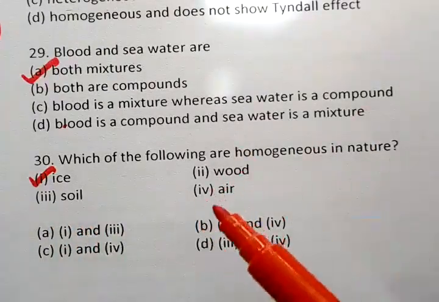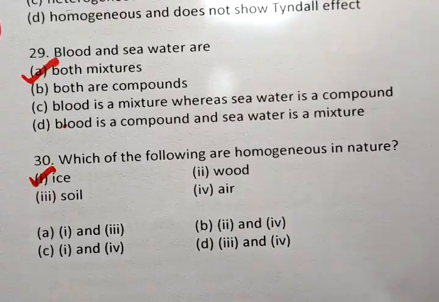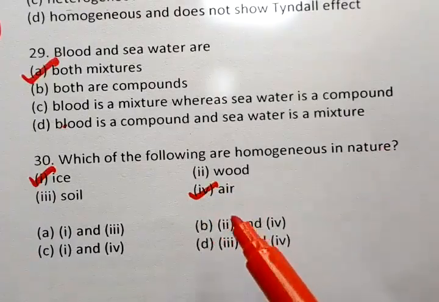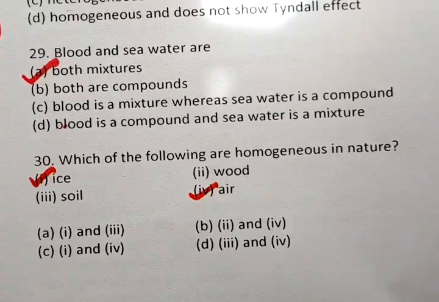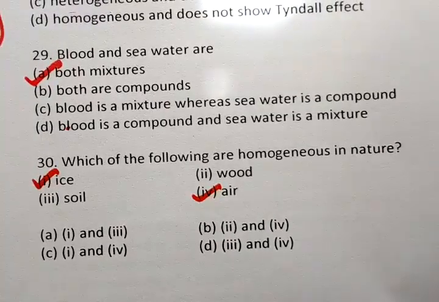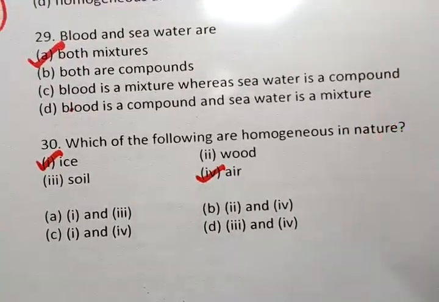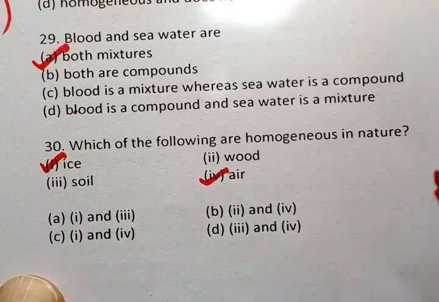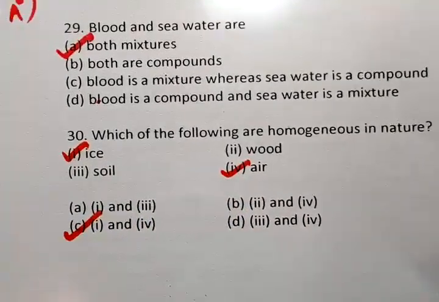Soil, same thing. If you pick up soil here or after 1 kilometer, it is not the same. It is different. And air? Why is air the same? Because of diffusion. The percentage of nitrogen, oxygen, and all other gases will be the same everywhere. That's why whether you breathe here or in USA, it is all the same. You will not find any difference. So 1 and 4. C is the correct answer.